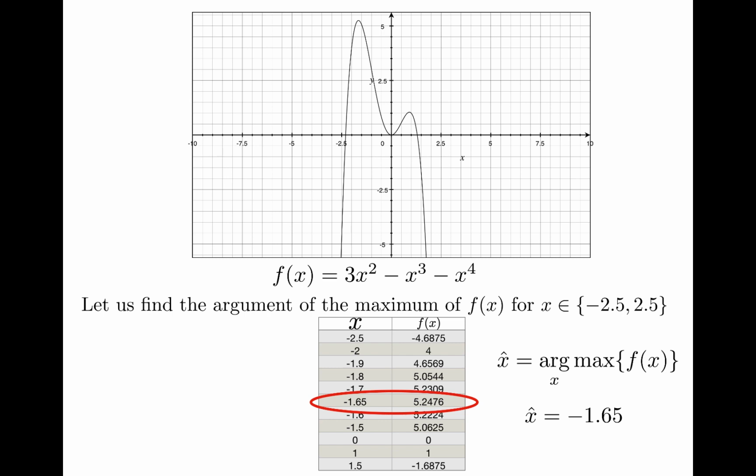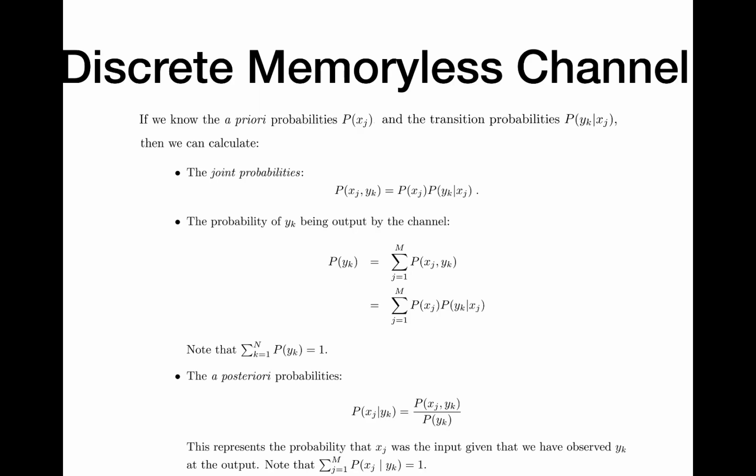Now let's move back to the discrete memoryless channel that we covered in the lecture. We have the a priori probabilities of the discrete memoryless channel, which are denoted by p(xj). This j can take any value from 1, 2, 3, 4, depending on how many inputs we have for the channel.